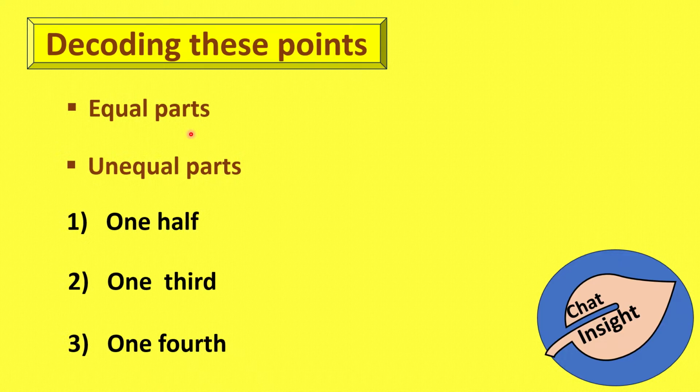It's just a slight introduction of equal parts, then unequal parts, and now we move on to one third, because one half was covered in the first session. So look here, our first point is about equal parts.